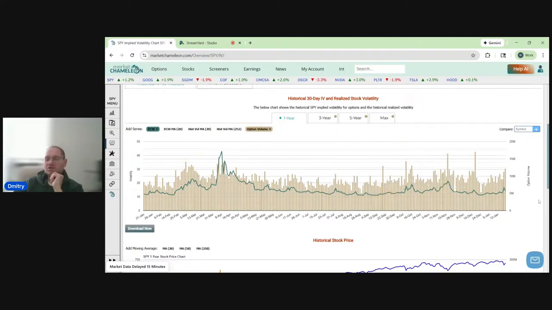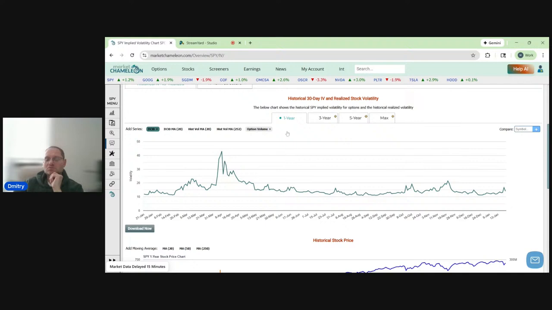I could remove these bars, the option volume for that day, just to look at the line by itself. So we could see that the 30-day constant maturity implied volatility is not the same every day. It changes. It could go up, it could go down.